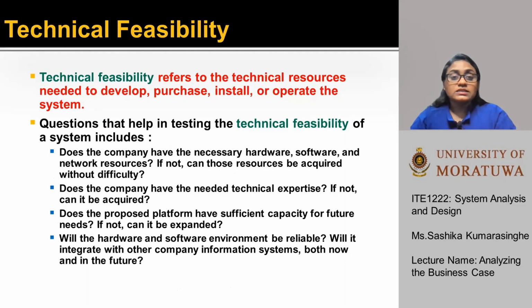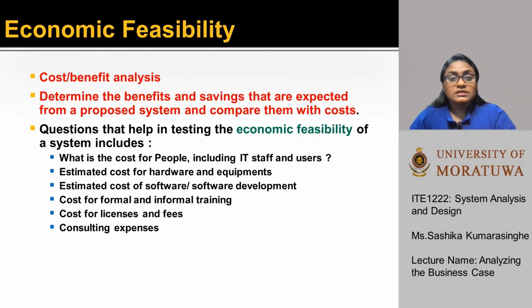The next one is technical feasibility. Technical feasibility refers to the technical resources needed to develop, purchase, install, or operate the system. Sample questions that you can use when assessing technical feasibility are shown here. The next one is economic feasibility.